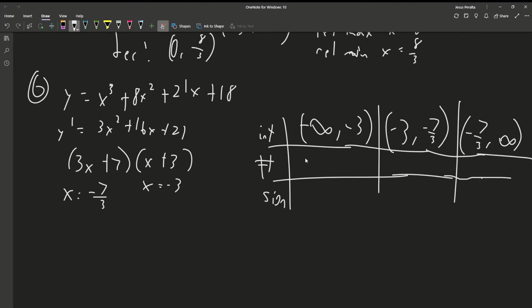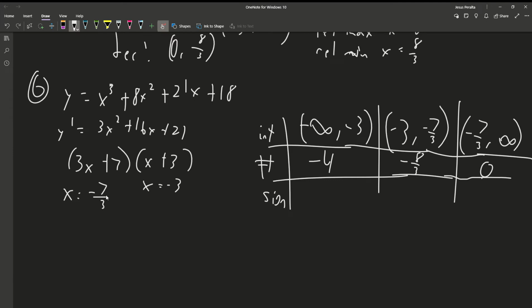Now, we want to plug in a number, negative 4. This one is a little bit tricky because the middle interval is more than negative 3 but not greater than negative 2, so we're going to have to plug in negative 8 over 3. For the last one we could plug in 0. So negative 4 into the derivative.